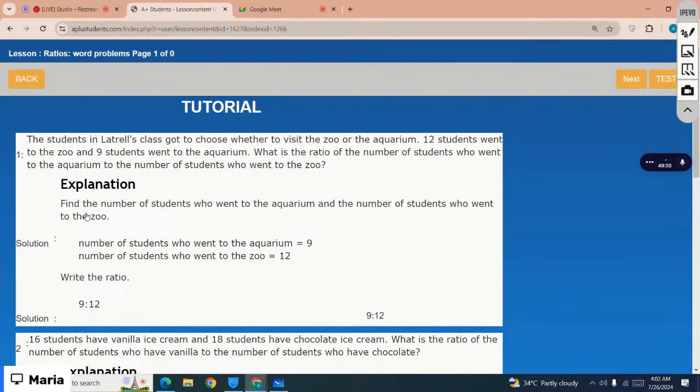The students in Lateral's class got to choose whether to visit the zoo or the aquarium. 12 students went to the zoo, 9 students went to the aquarium. What is the ratio of the number of students who went to the aquarium to the number of students who went to the zoo?